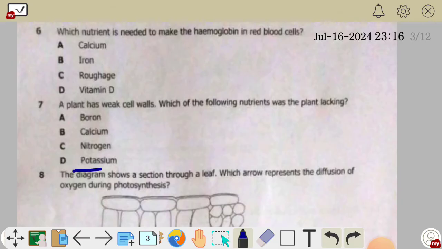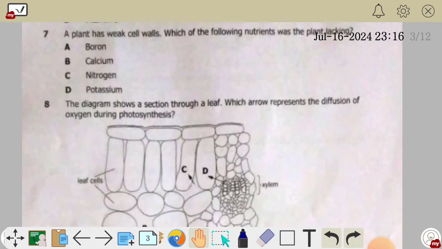Potassium is mostly for root formation, and nitrogen is needed for chlorophyll trapping in a plant. So if a plant lacks calcium, the cell wall will be weak. So question 7, the correct answer is B.